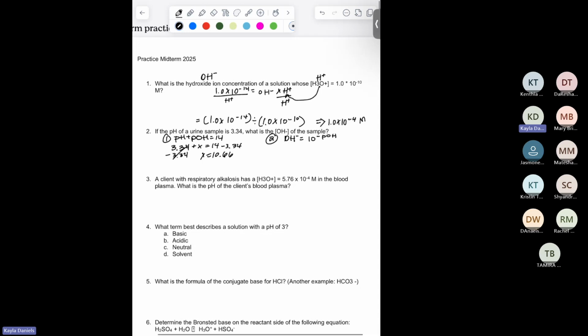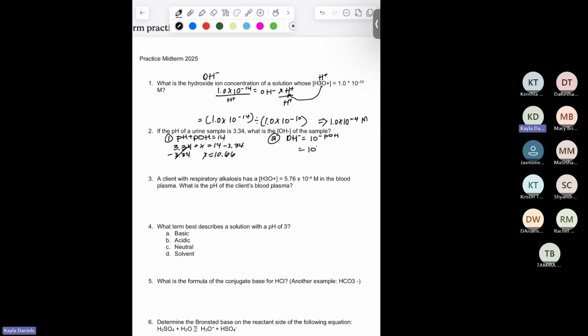I have my pOH solved for in the first step, 10.66. So I plug that into my calculator, making sure to put the negative 10.66 in the exponent. And I got this. I can round it.